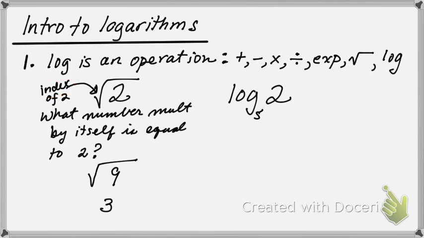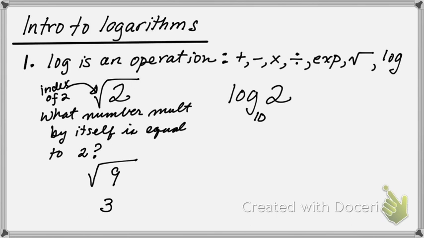For the logarithm, this number here is called the base. That is the base of the logarithm, base of the log. Okay? So I'm going to go with base 10, and it might not be written. It could be written, but if it's not written, it's understood to be base 10.